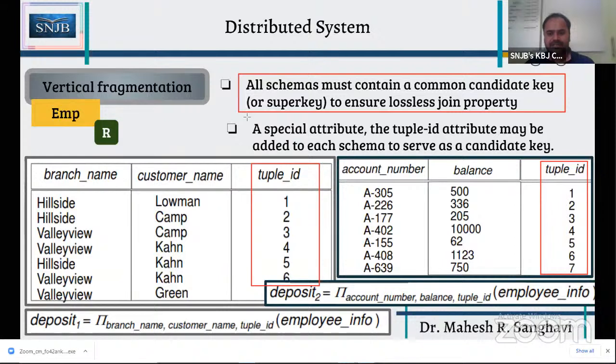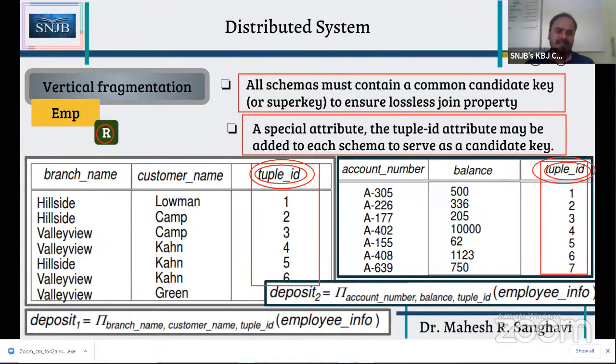Again, a special attribute, that is the tuple ID, may be added to each schema to serve as a candidate key. Here you can observe that the candidate key itself is the tuple ID. So you may break this R into R1 and R2, or R3, R4 till Rn, but make sure you repeat this tuple ID everywhere to ensure lossless join decomposition.